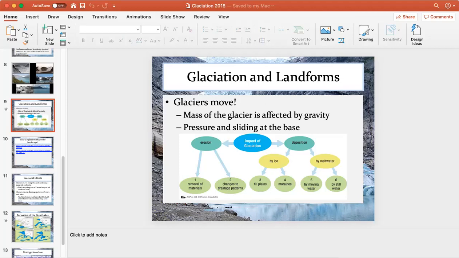Eventually, once that massive ice melts, all that's going to be left behind is all the dust and the dirt that was stuck in that ice. And it can actually be a pretty significant pile. So that's a much smaller scale example of what deposition is. It's basically when a glacier melts, it leaves behind all the stuff that it's collected over time.